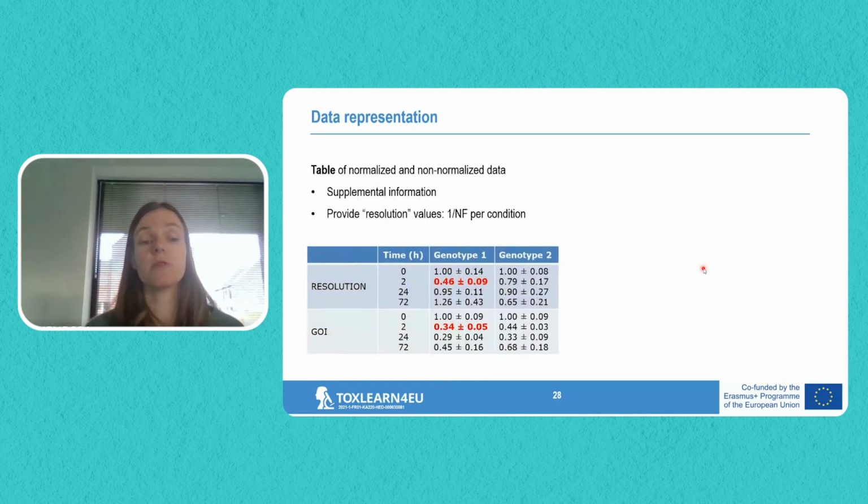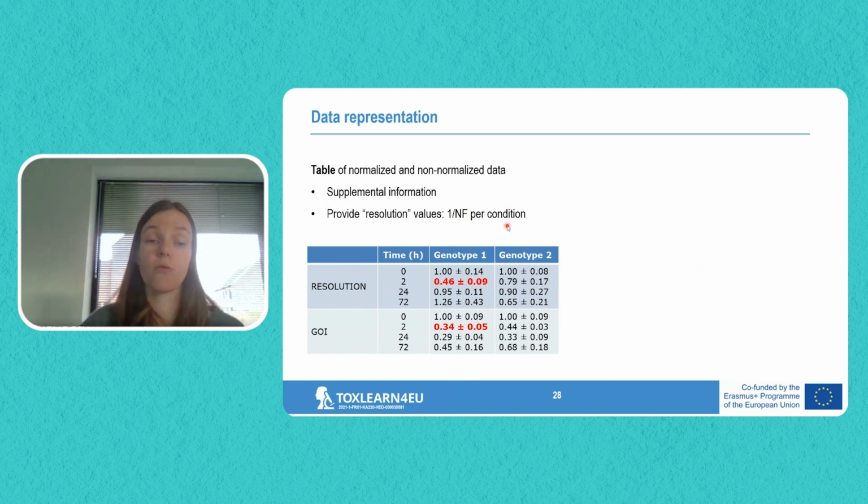On the other hand, when you measure the expression of a larger number of genes, what is usually done is to show them in a table. And what you could do in this case is, in the supplemental information of a publication, provide so-called resolution values. These resolution values are the 1 over normalization factor ratio, which you would show for each condition.